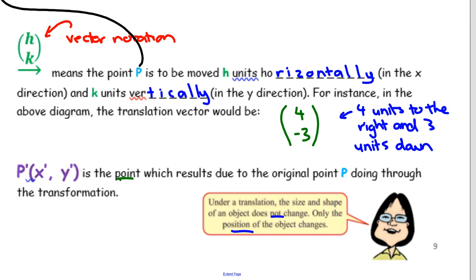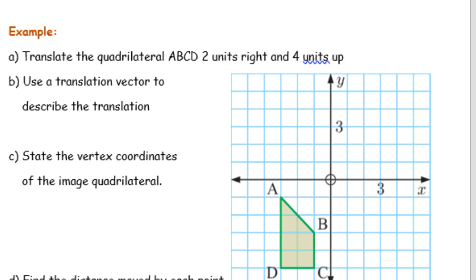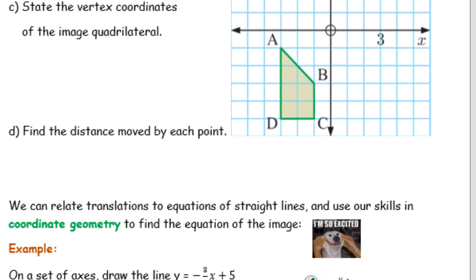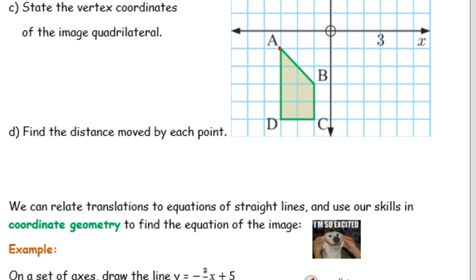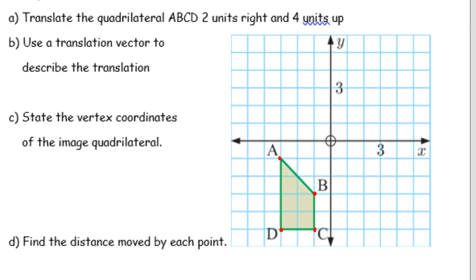Let's do some examples. A: translate the quadrilateral ABCD, in the diagram to the bottom right, 2 units right and 4 units up. Let's try doing that. Here's the object. Use its points. Each point moves 2 units right and 4 units up.